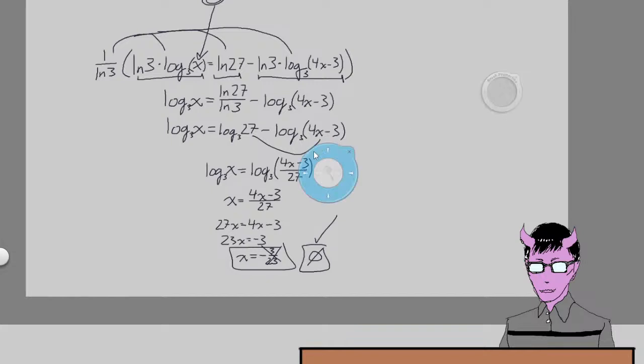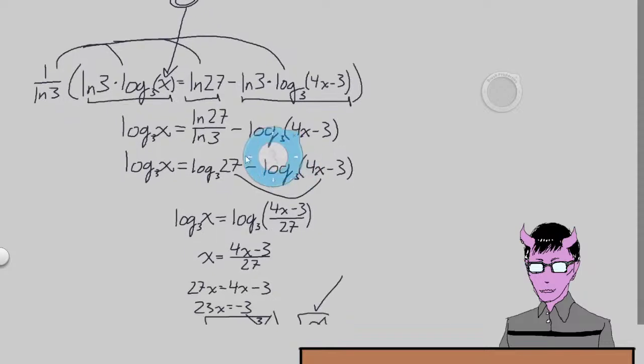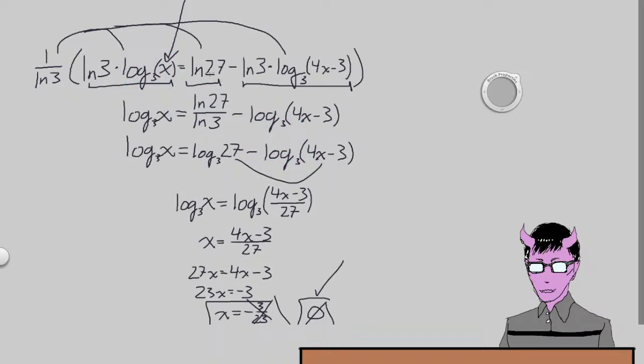So let me do a quick pass to just see if there have been some weird mistakes somewhere along the way. Well, first let me check to see the problem is written correctly. It's, yes, natural log of 3 times log base 3 of x equals that thing minus that times the rest of it. Yeah, so this problem is written correctly.